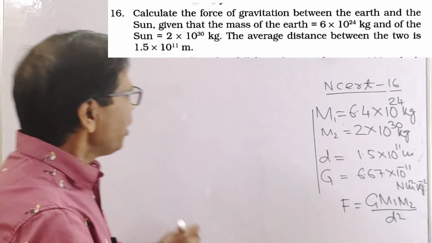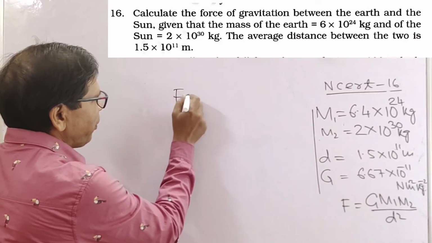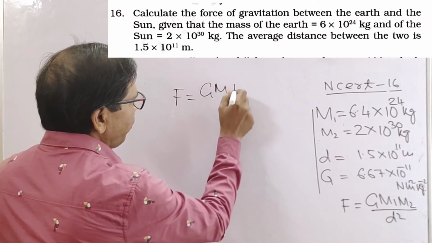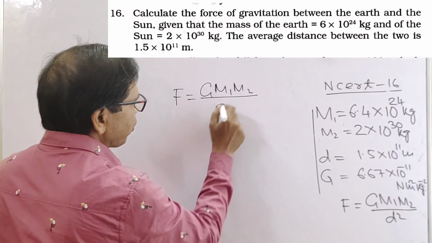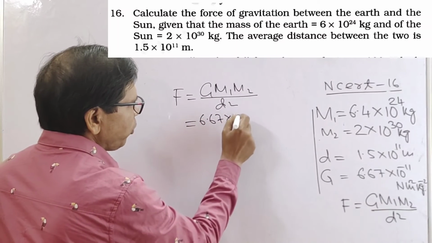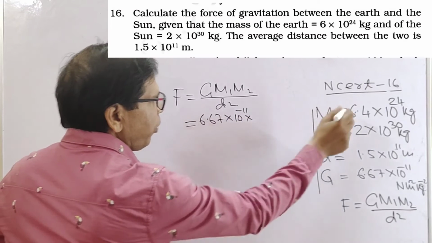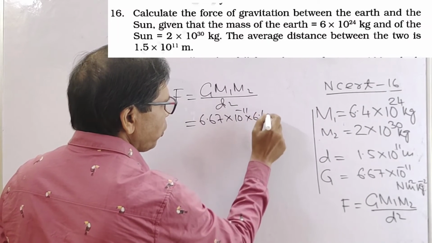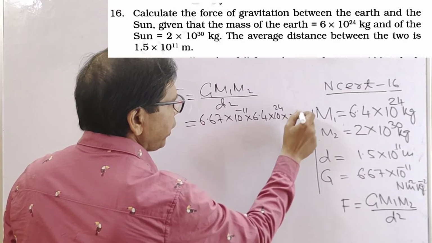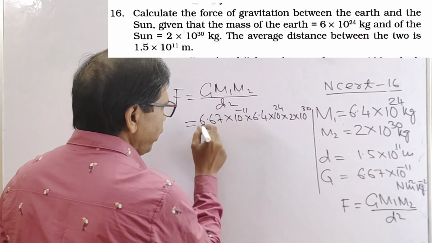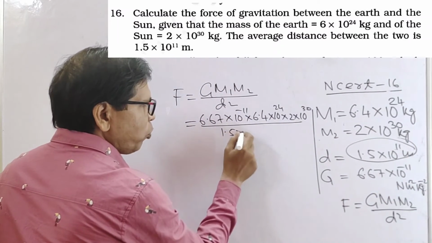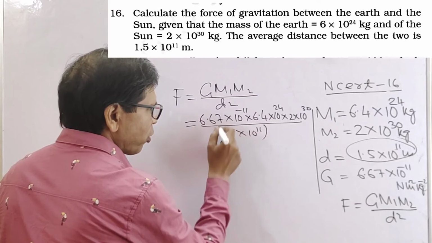G is 6.67 into 10 to the power minus 11, m1 is 6.4 into 10 to the power 24, m2 is 2 into 10 to the power 30, whole divided by 1.5 into 10 to the power 11 whole square.